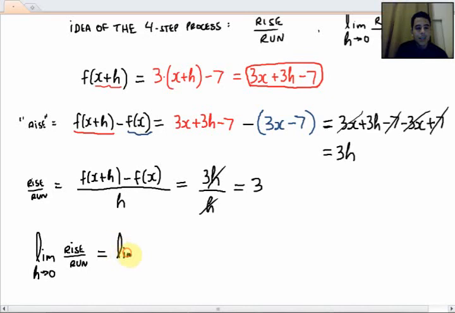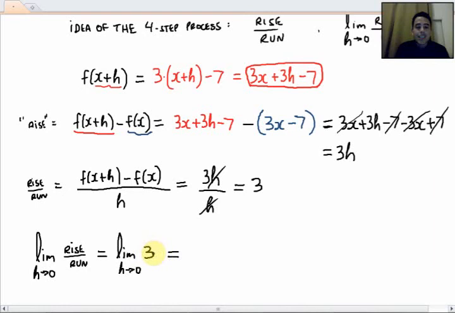So it's limit as h goes to 0 of 3. Well, 3, you see this expression doesn't have any h, so it doesn't matter what happens to h, this will always stay as 3, right?